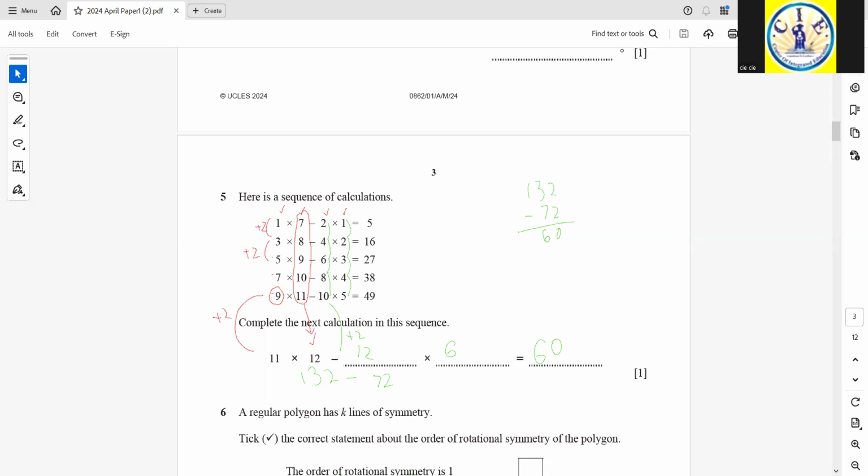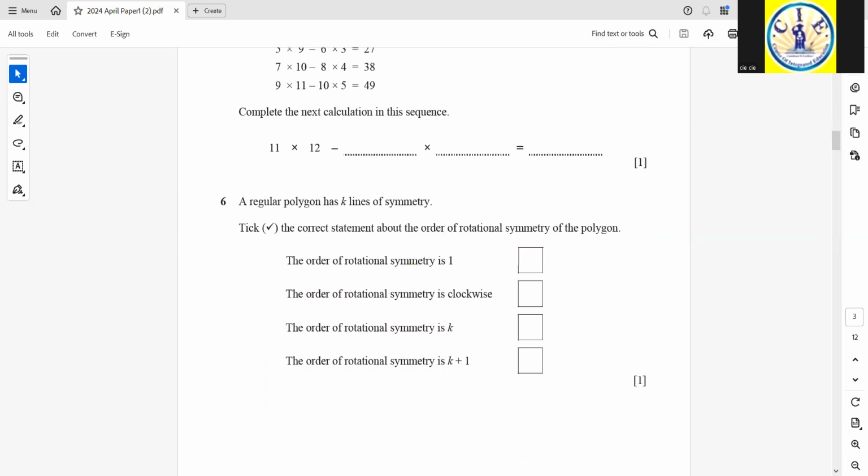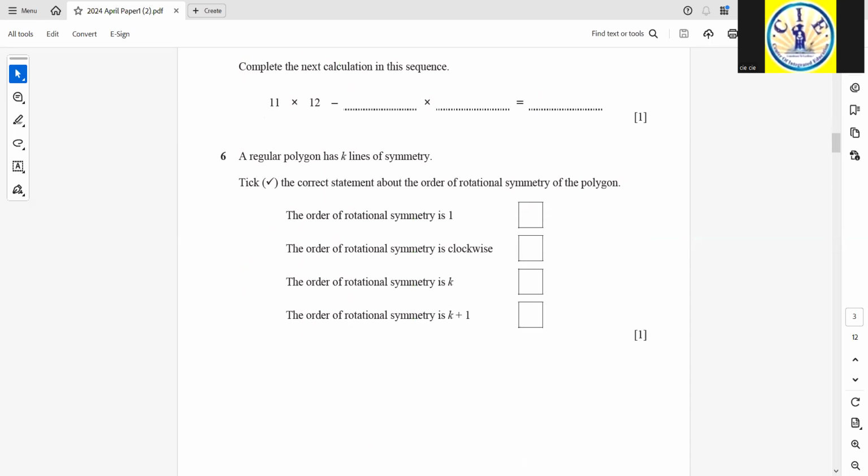Okay, then question number 6. A regular polygon has k lines of symmetry. Take the correct statement about the order of rotational symmetry of the polygon.